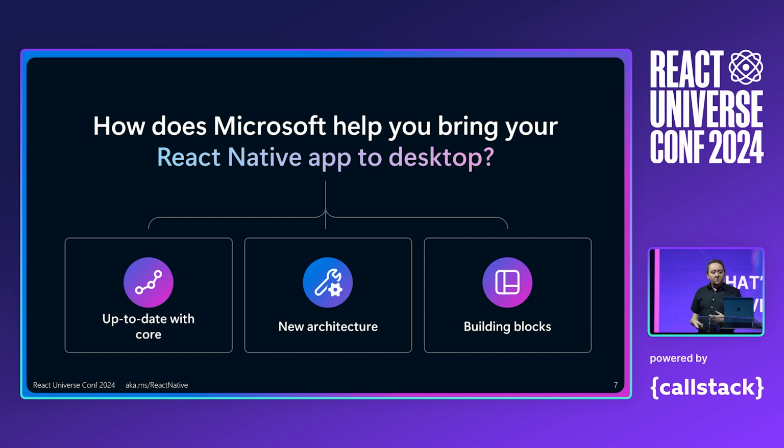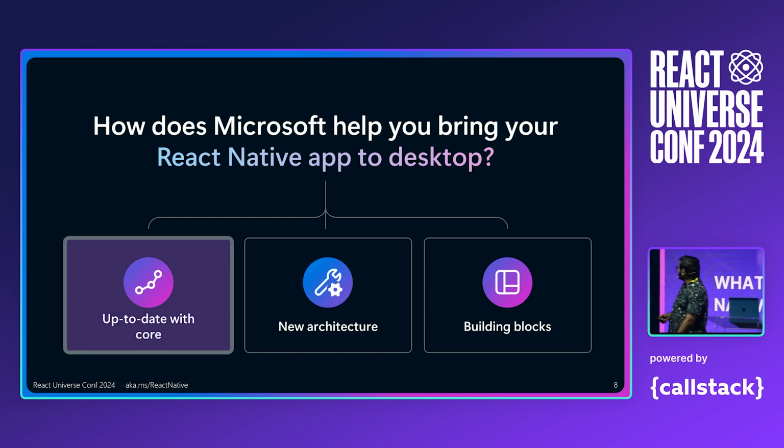We keep up to date with core. We have the new architecture, which we'll talk about in depth in a moment. And then we provide platform building blocks, some of which we just heard about on stage in the Vision OS context. But with that, I'd like to hand it over to Saad for a moment to talk about what it means to keep up to date with core.